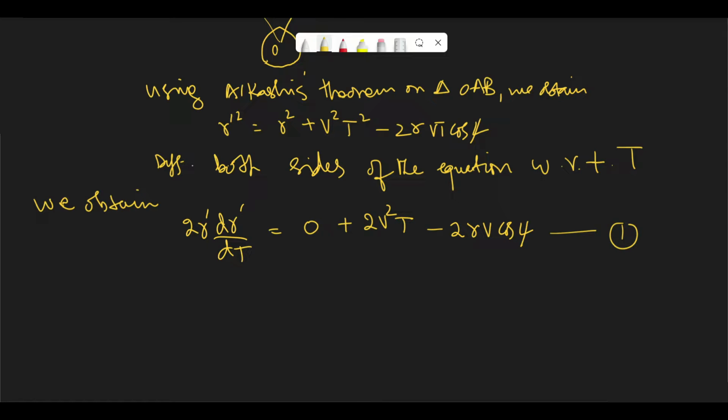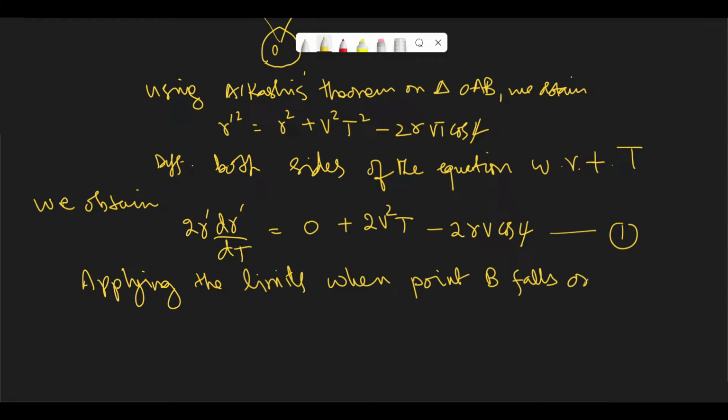Okay, now we will put the limits and bring point B back to point A. Applying the limits, when point B falls on point A, t tends to 0, r prime tends to r.